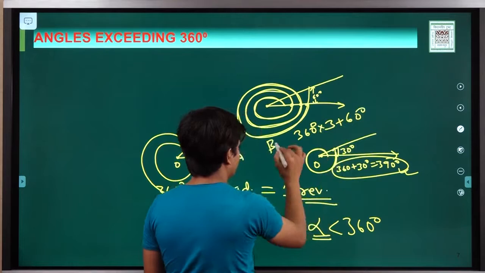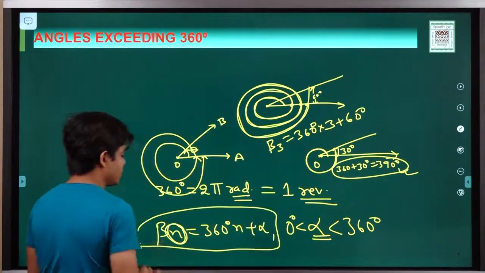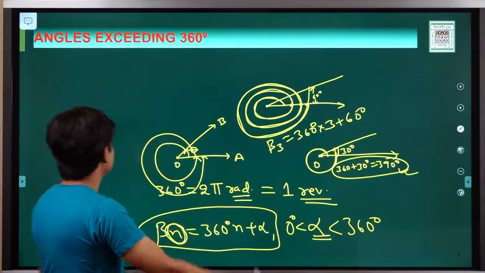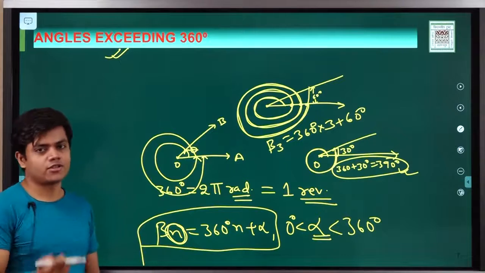So this will be your final beta 3. So that's why beta n is equal to 360 degree n plus alpha. So this is about angles exceeding 360 degree.